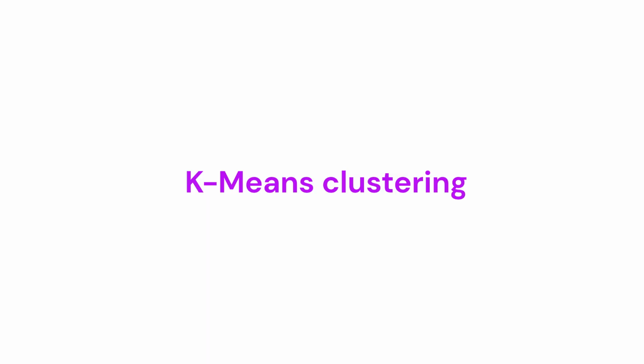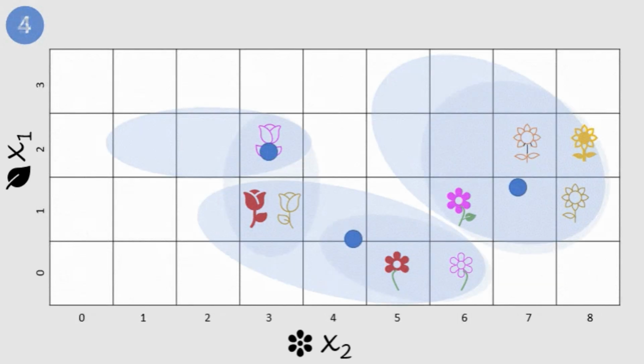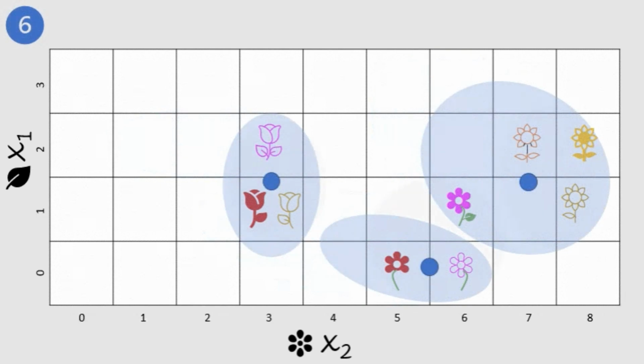Training a clustering model. There are multiple algorithms you can use for clustering. One of the most commonly used algorithms is k-means clustering, which consists of the following steps. 1. The feature x values are vectorized to define n-dimensional coordinates, where n is the number of features.